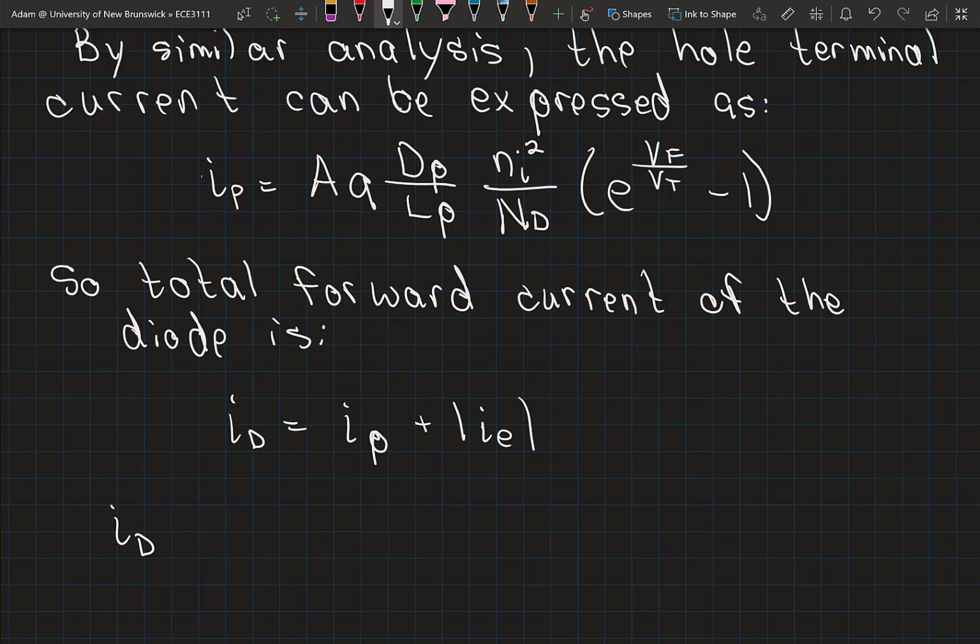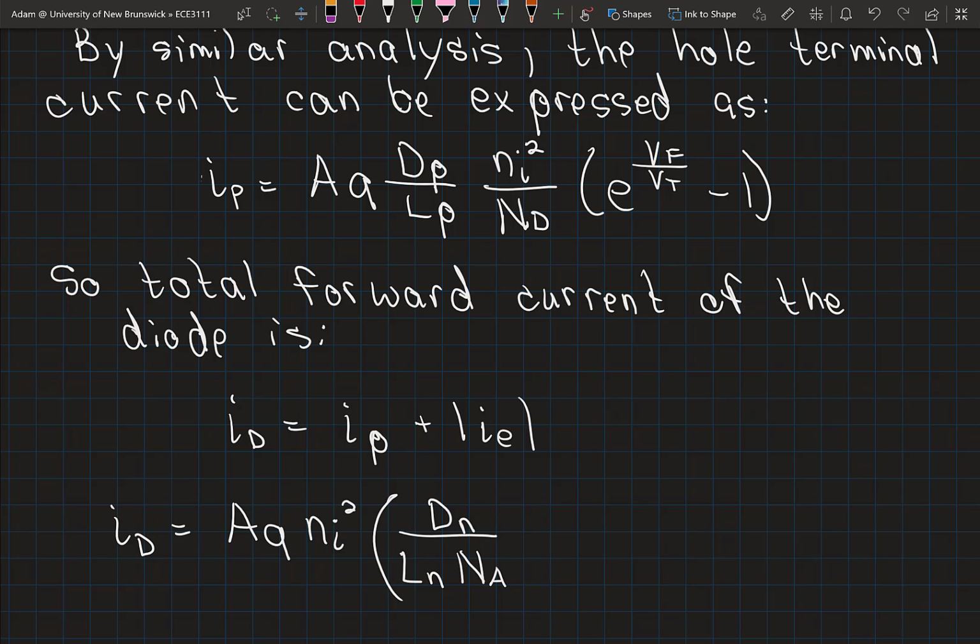We get a total diode current that's A times my fundamental unit of charge times my intrinsic concentration squared, so I've just factored those out of the two expressions, times my diffusion constant for my electrons divided by my diffusion length for electrons, divided by also my concentration of acceptor atoms.